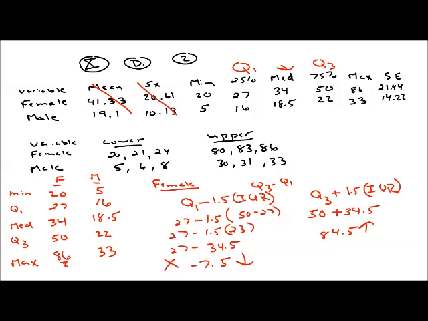It goes to any number that is below 84.5. Well, 86 is an outlier. 83 is not. So that 83 is going to be my upper whisker. It's not a max, it's an upper whisker. And this 86 is an outlier. Okay?